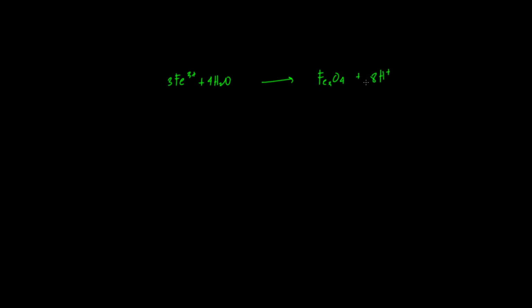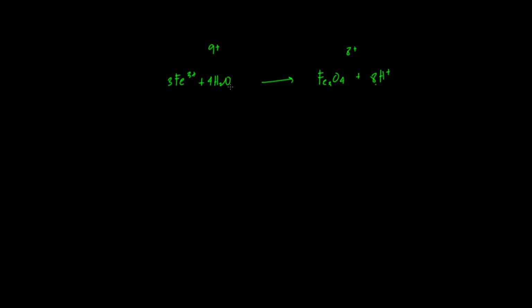Okay. Now that we've balanced the elements, we need to balance the charges as well now, since this is an electrochemical reaction. So we have 3 times 3, that's 9 plus charge here. And here we only have 8 H plus species, so this becomes 8 plus charge.